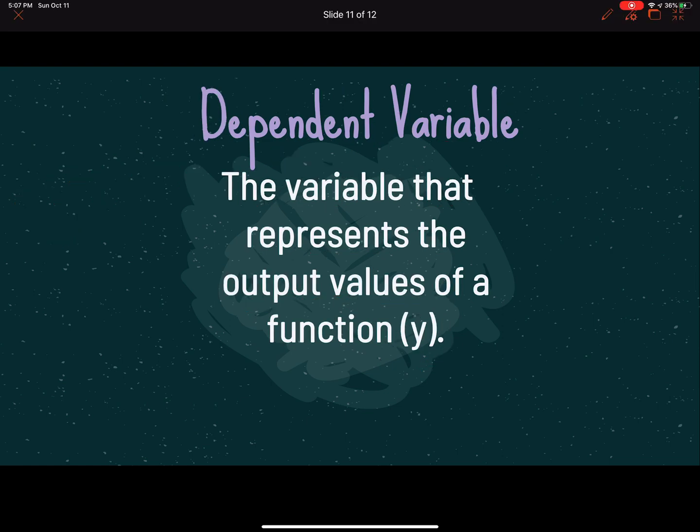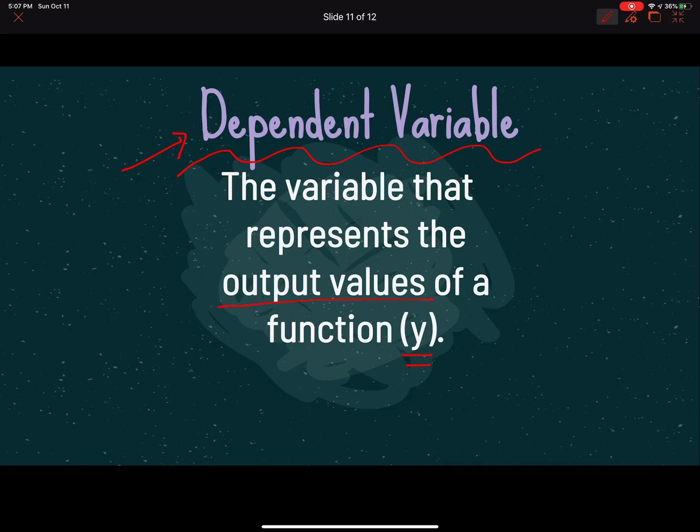Now, right along with independent, we have dependent variable. The dependent variable is the variable that represents the output values or y. Think about the definition of the word dependent.